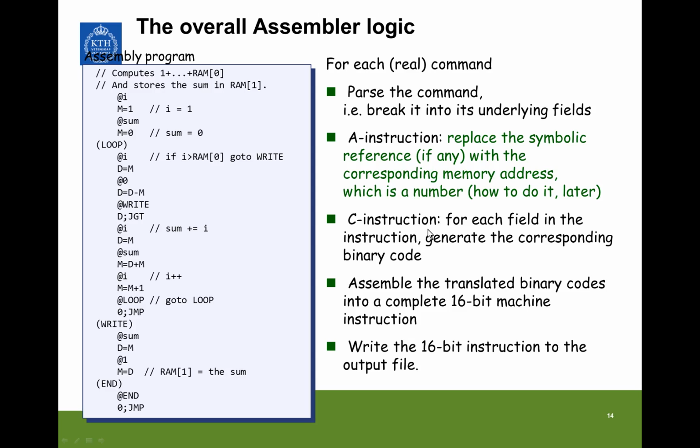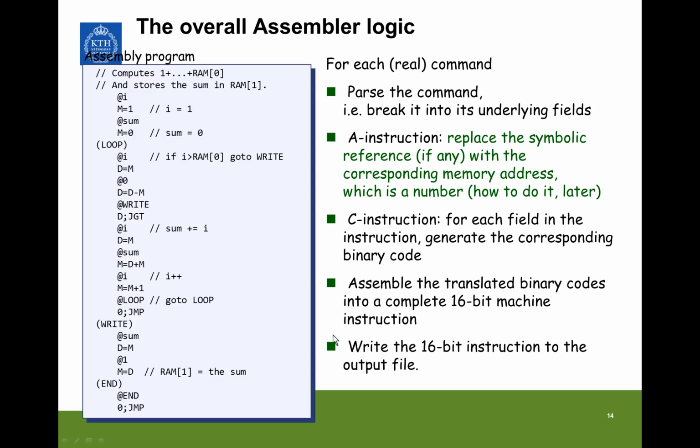For C instructions, after parsing each of the fields in the instruction, we need to generate the corresponding binary code. Finally, we assemble the translated binary codes into the 16-bit machine instruction and write the 16-bit instruction into the output file.